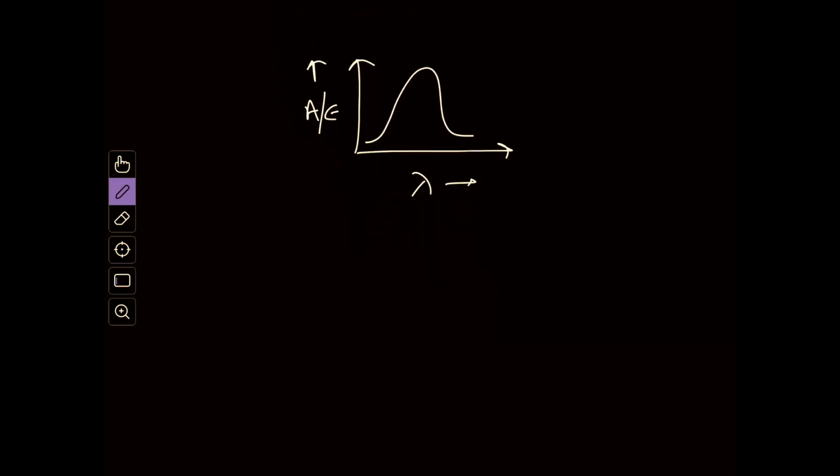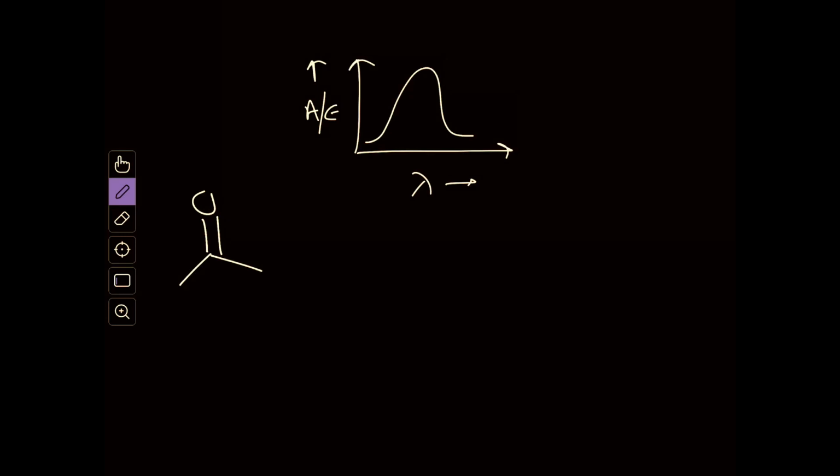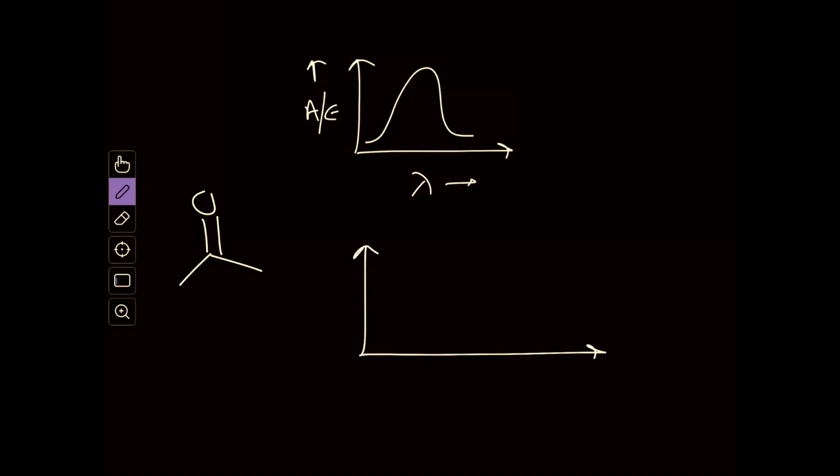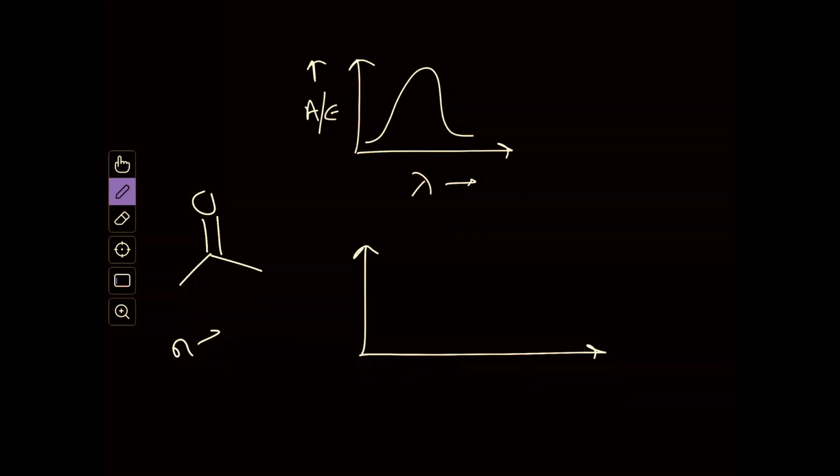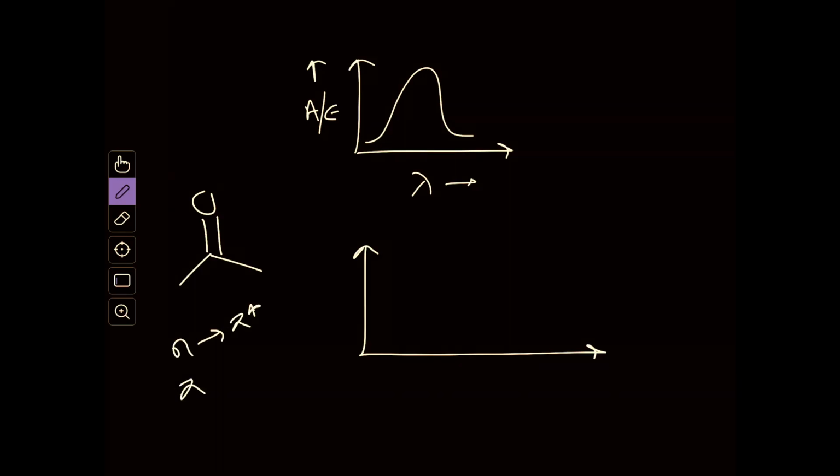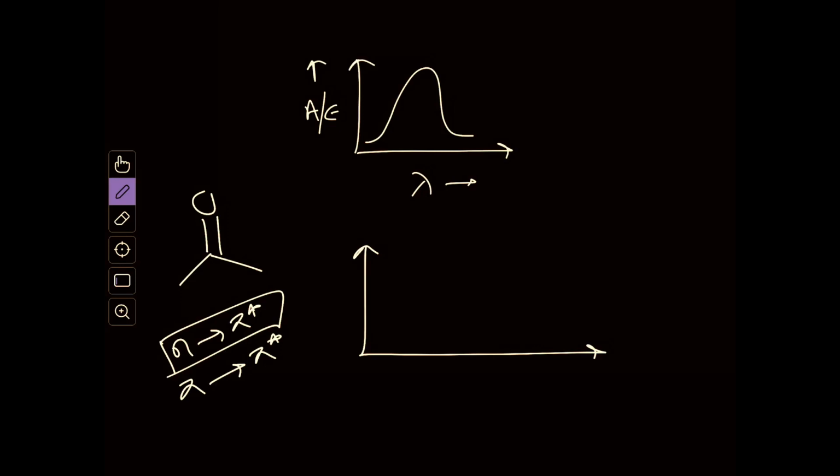Now if you have a compound like a carbonyl group, and you have two signals for n→π* and π→π*, how will they look? In this case you will see that one peak will be for the n→π* and another for the π→π*. The n→π* energy gap will be lower, that means the wavelength will be higher but the intensity will be lower.